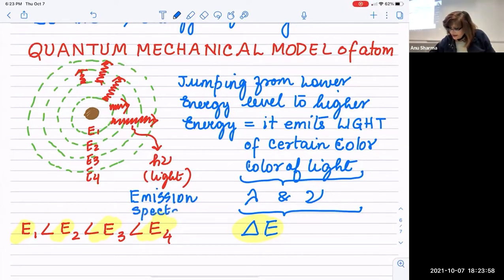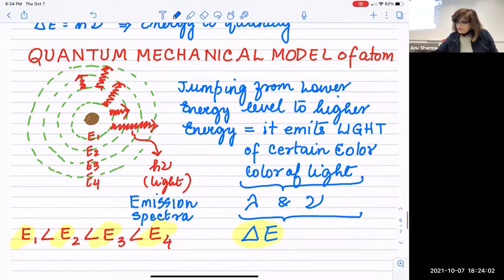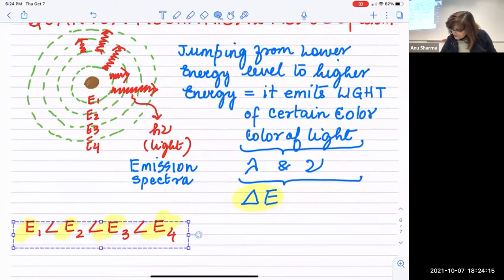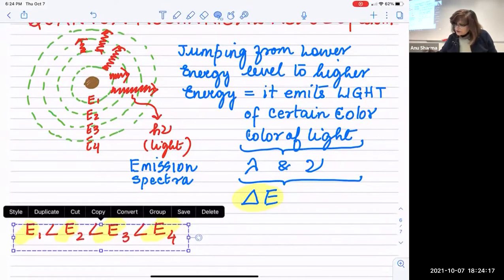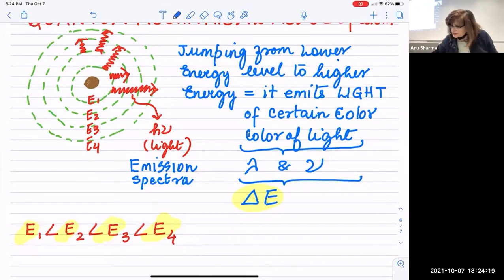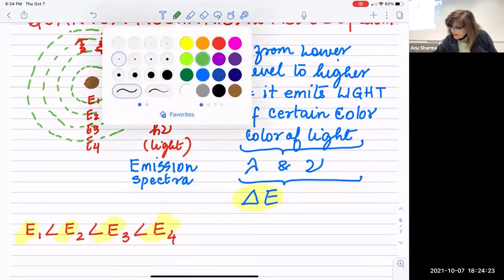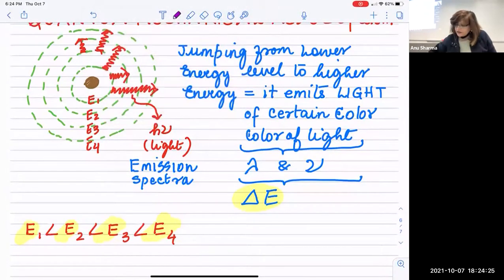We'll show you in a minute, but something else also happens. It's not just one way, it's the other way also. There is an absorption spectrum too.